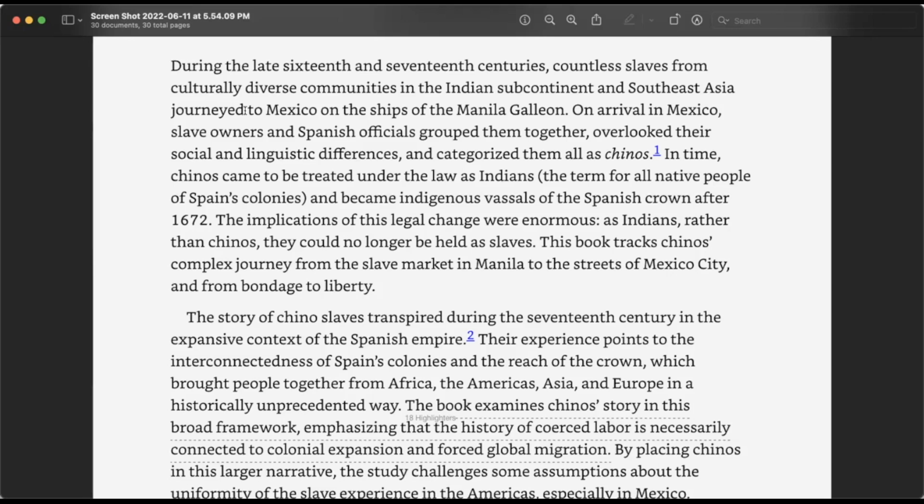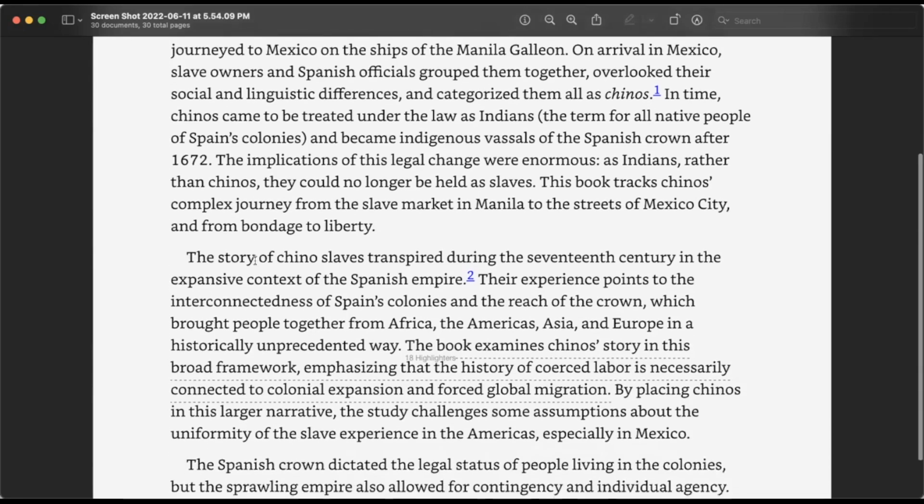This book tracks Chinos' complex journey from the slave market in Manila, Philippines, Manila, not West Africa, Manila, to the streets of Mexico City, and from bondage to liberty. The story of Chino slaves transpired during the 17th century in the expansive context of the Spanish Empire.